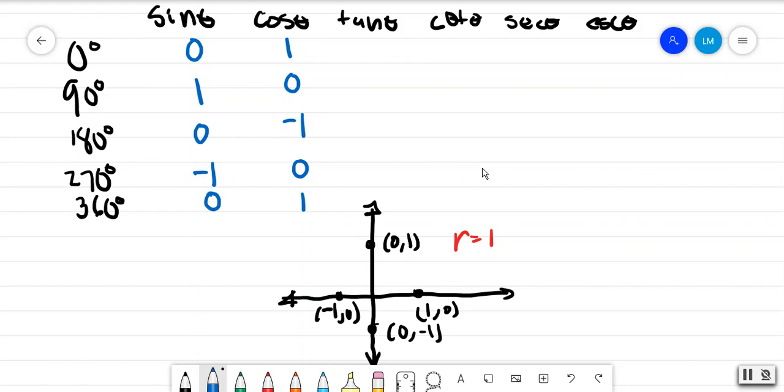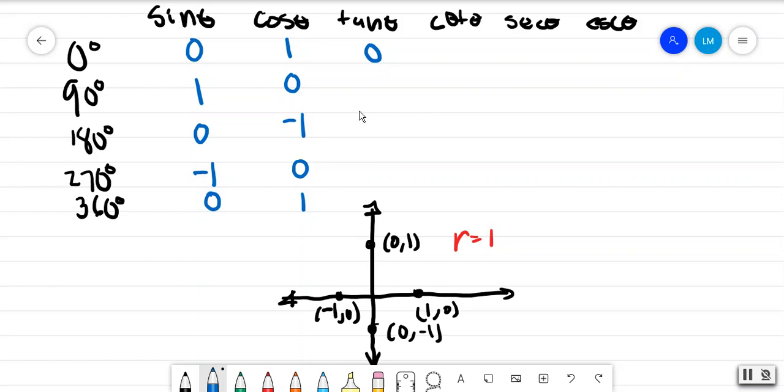Okay, now tangent, this is going to be a little bit tricky. So we have that tangent of 0 is just going to be 0.